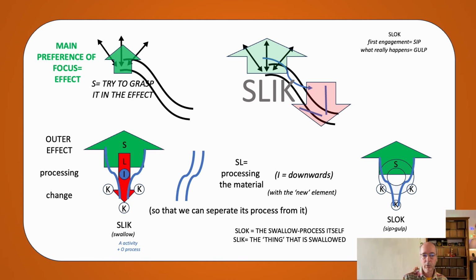With the O, the SLOK, it's the O or process itself, so it's the process of swallowing. What is swallowed doesn't matter. It is the process. What do we do with the process? That's the difference between these two words, simply because of the position of the letters.